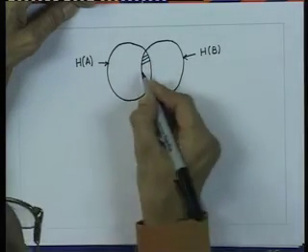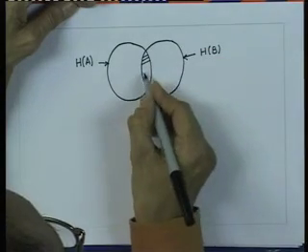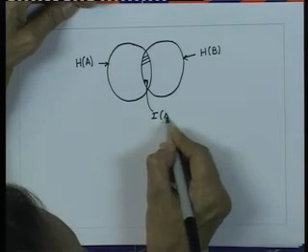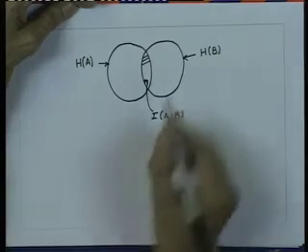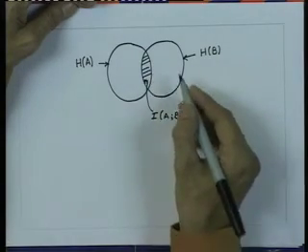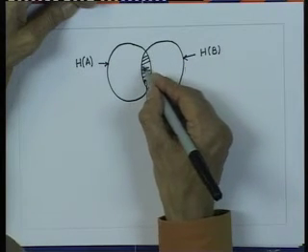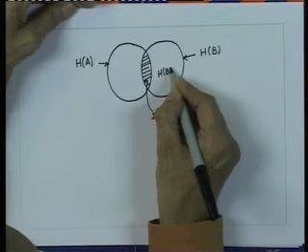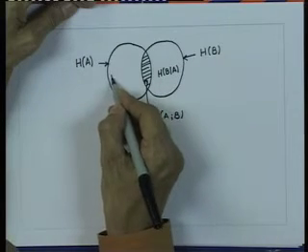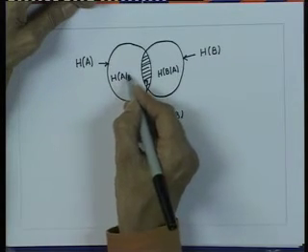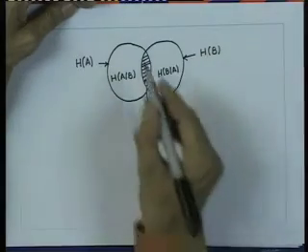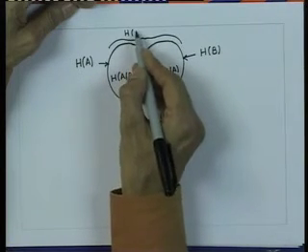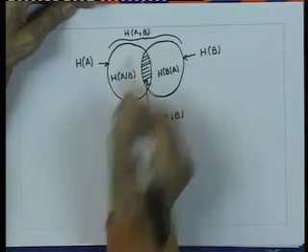This intersection corresponds to mutual information of A and B. This portion out here without the shaded portion is H of B given A, and similarly this portion out here is H of A given B, and this total is H of A B.